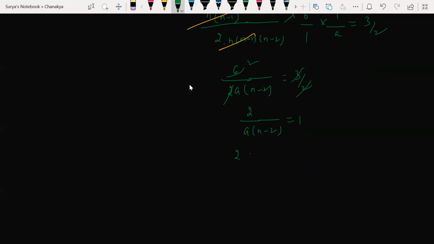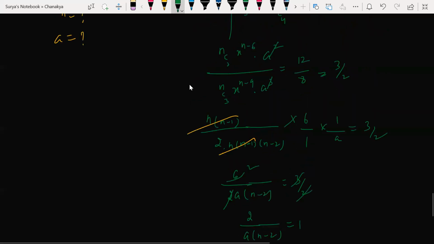So 2 times n minus 2 is equal to a. Correct? Did we make any mistake? Check.